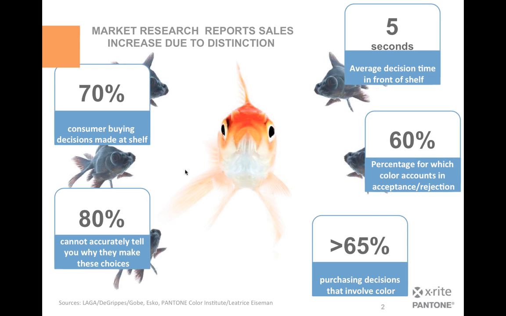If we look at the big numbers, 60% have an acceptance or rejection just based on color choices, and greater than 65% have an issue. They're making decisions based on color. So we can see that color becomes an important part.